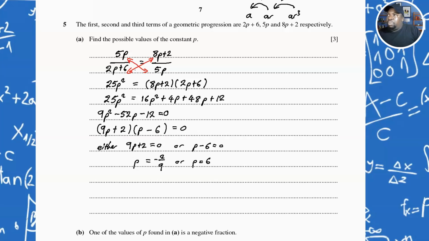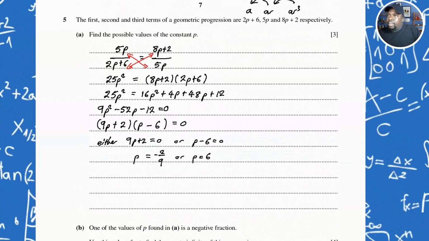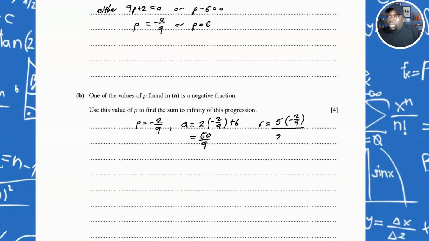Any one of the two will do, let's use the first one, 5p divided by 2p plus 6. That's r, 5p, which is 5 of minus 2 over 9, and that's over 2p plus 6, which is 2 of minus 2 over 9 plus 6.